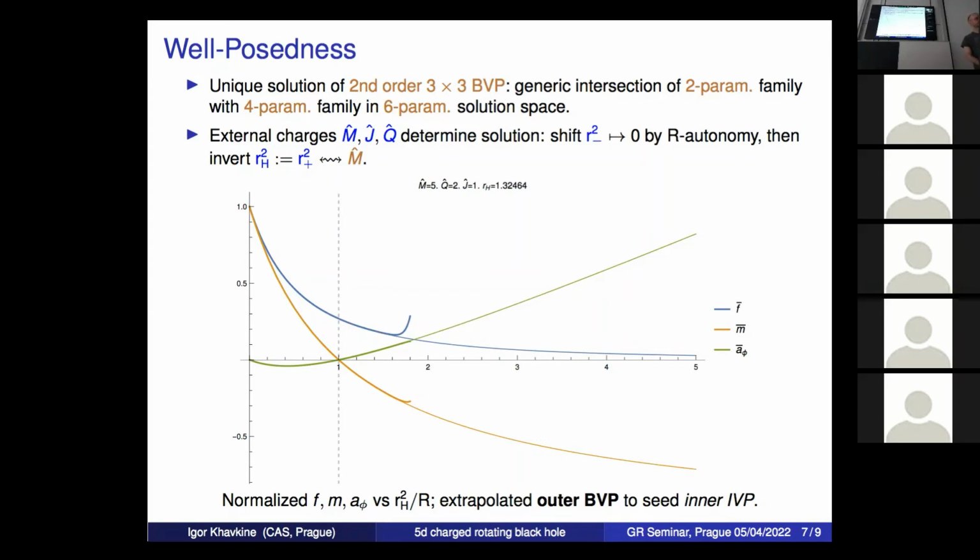But you can also construct, without problems, naked singularities, if you change the boundaries on horizons. I guess the naked singularity would correspond to having imaginary R plus and R minus. I guess you could do it, but we didn't look at that case. But you will see that, for example, then the mass will be less than whatever combination of J and Q. Maybe. So yeah, we didn't look at this. And this J is just this one rotational parameter. Right. So it's the value of two rotational parameters which are equal.